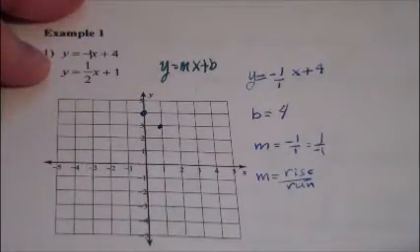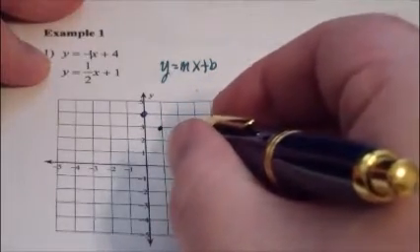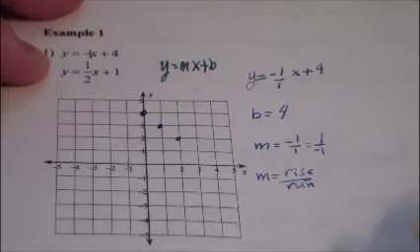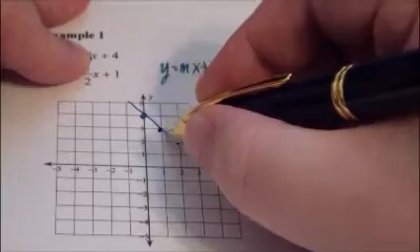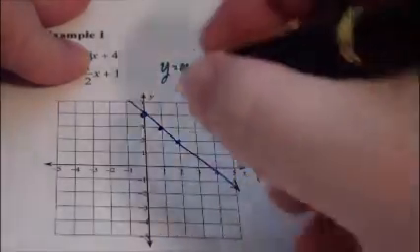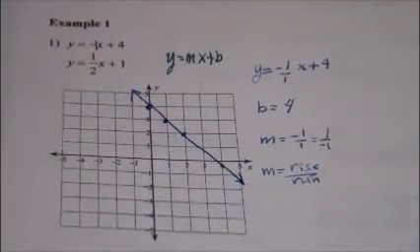That is our point. If we want another one, we can do it again. Down 1, over 1. Okay. Now, once we have that, we just connect the dots. All right, next one.